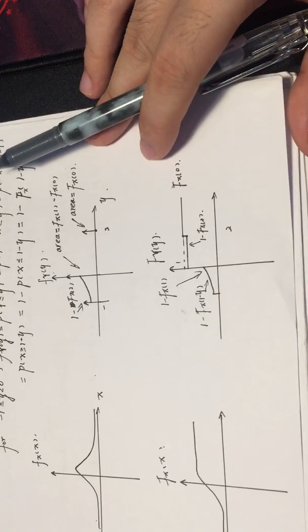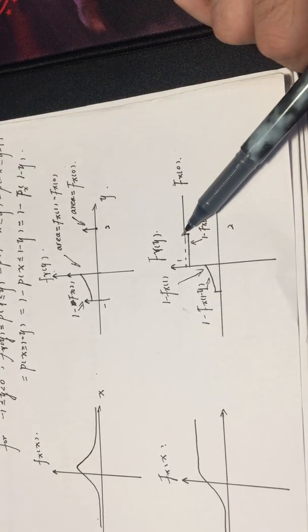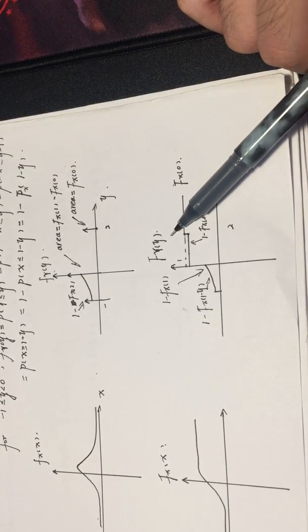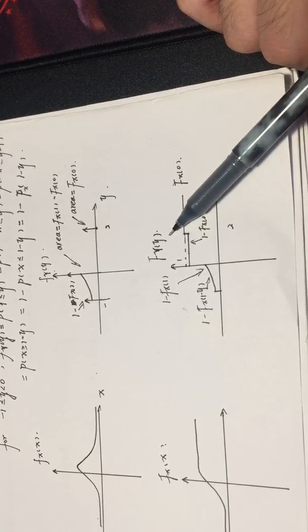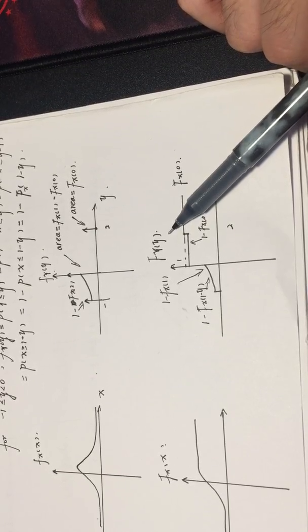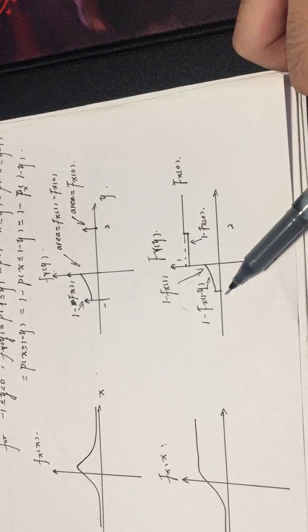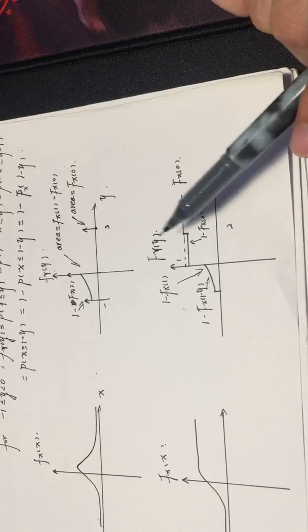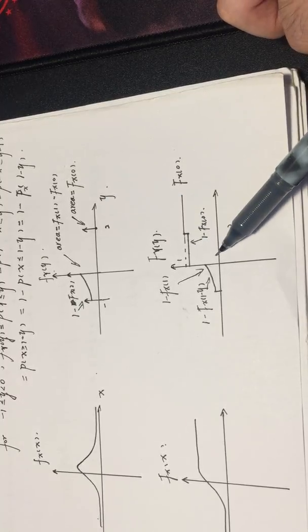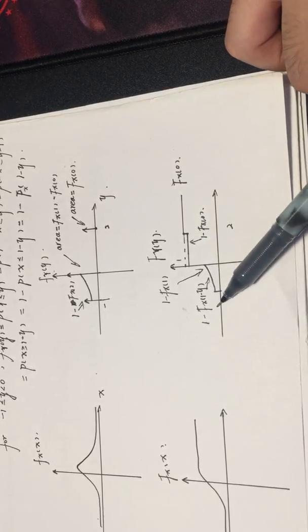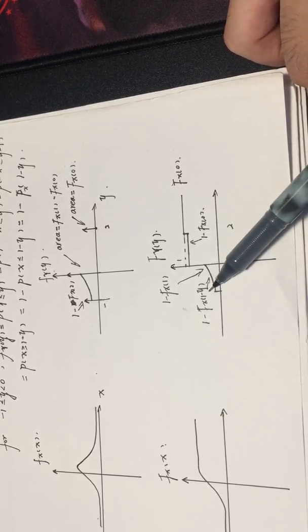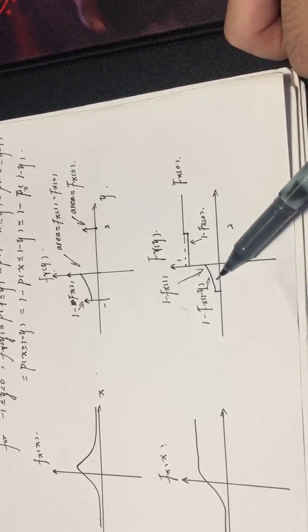And the next part is to calculate the distribution function of fy. When y is less than minus 1, it equals 0, and when y is between minus 1 and 0, it equals 1 minus big Fx(1 minus y).